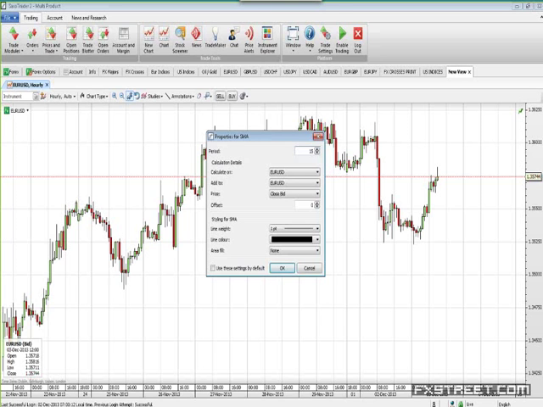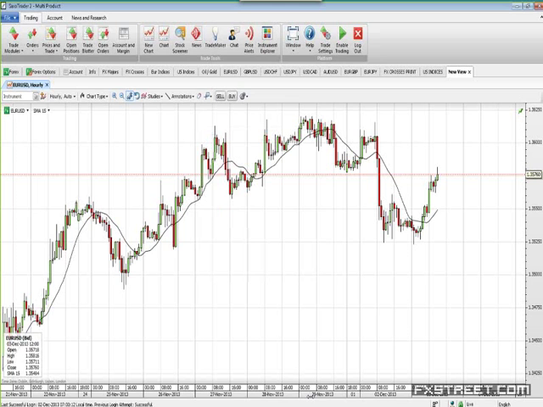You can have a 10 pip stop if your trade size is a tenth of what it is with a 20 pip stop. So there's nothing wrong with trading shorter or longer time frames, and that's what I'm trying to get across. So we're going to build a very basic system very quickly.